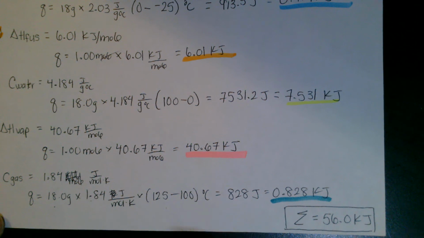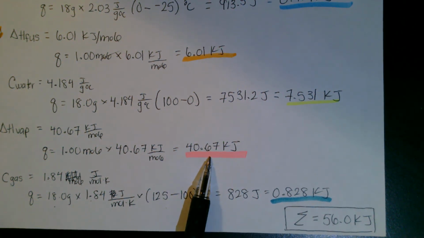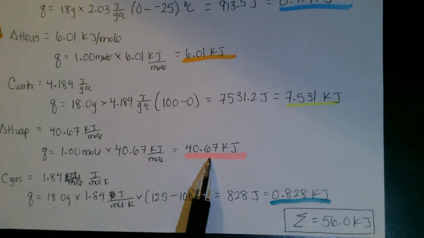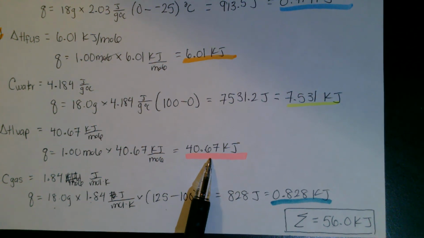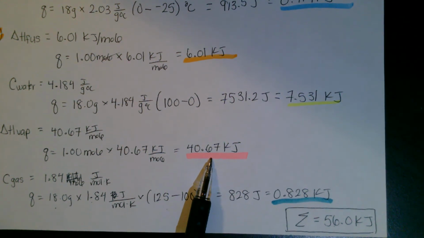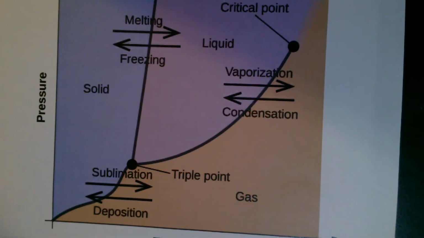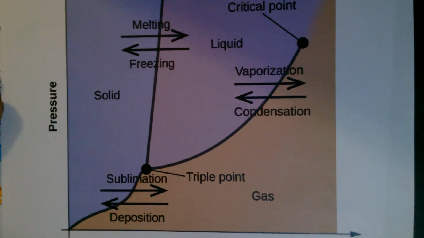Okay, so again, most of this energy comes from this step here because of those extremely strong interactions between those water molecules. It does take a lot of energy to overcome those hydrogen bonds to turn liquid water into water in the gas phase.